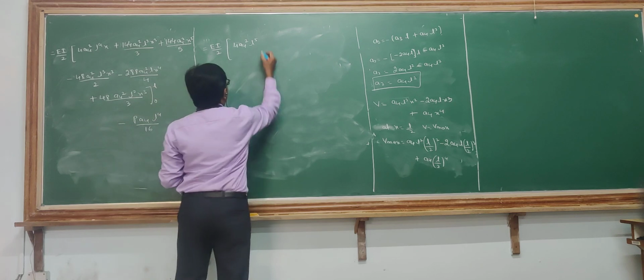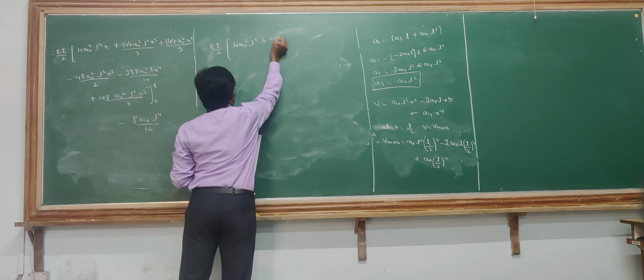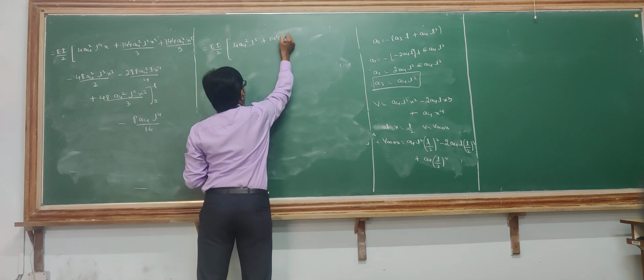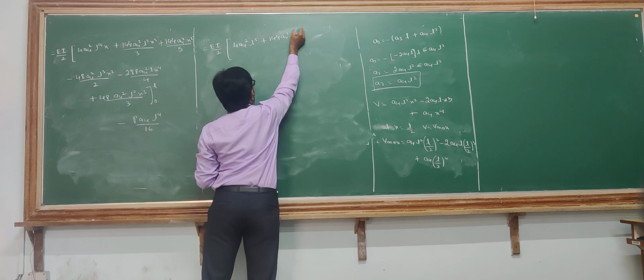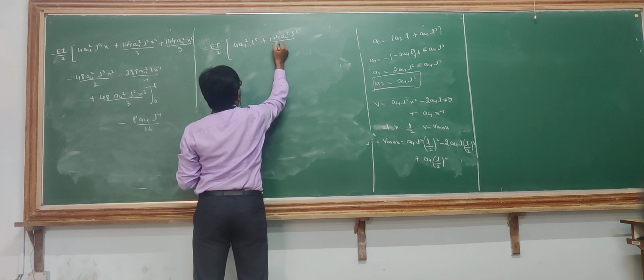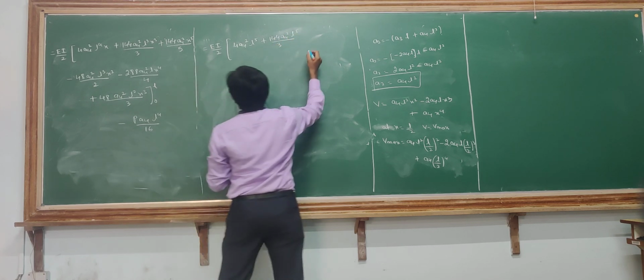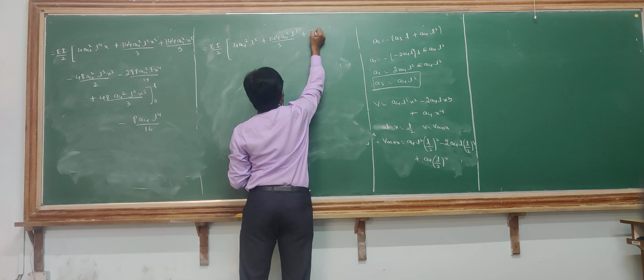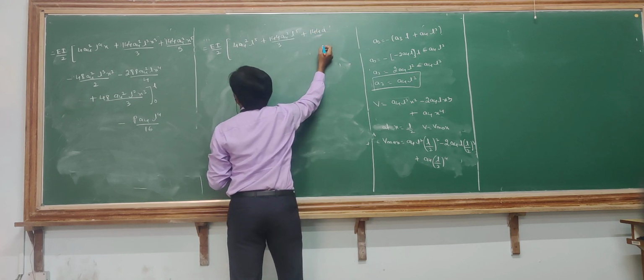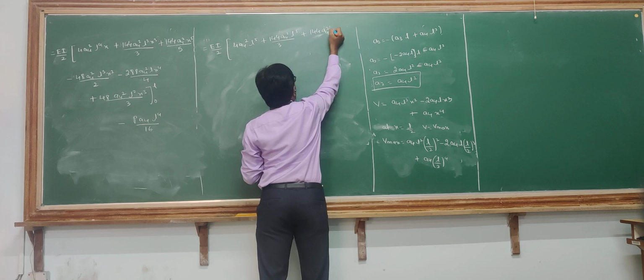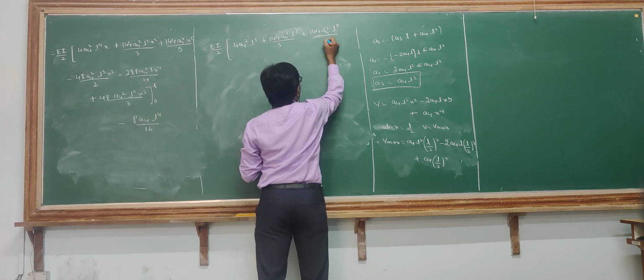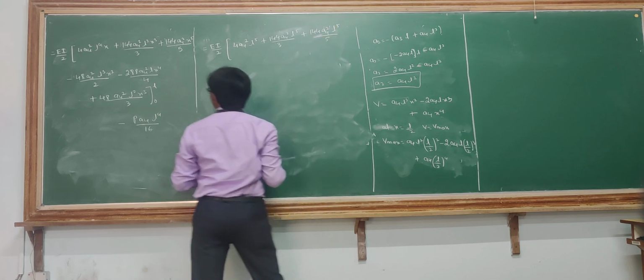So now 144 a4 square L raised to 5 divided by 3 plus 144 a4 square L5 divided by 5.